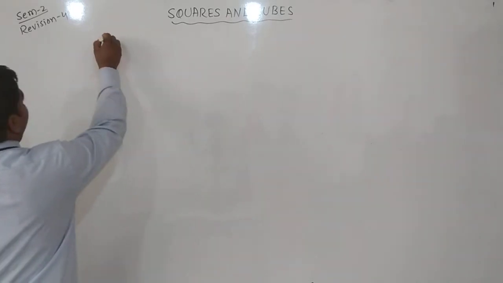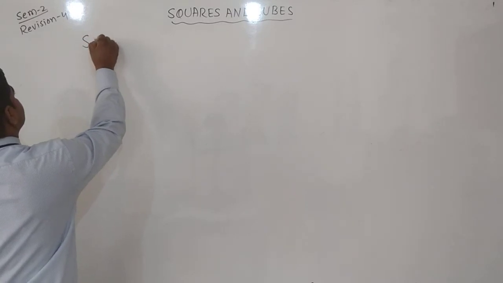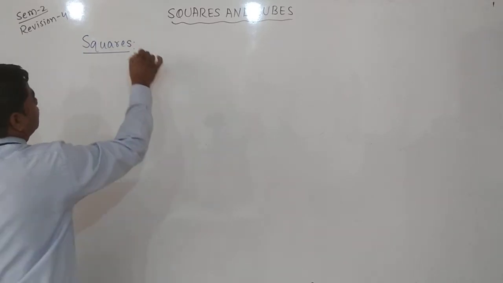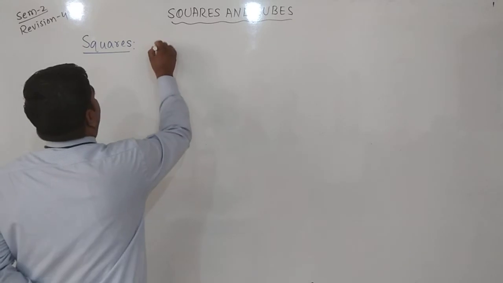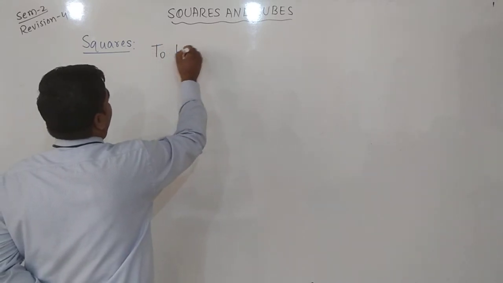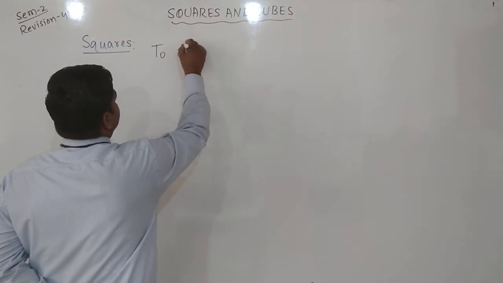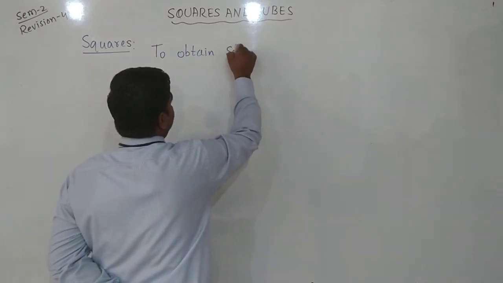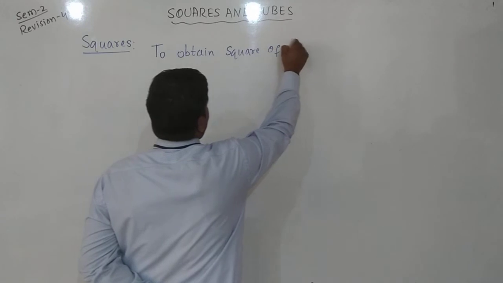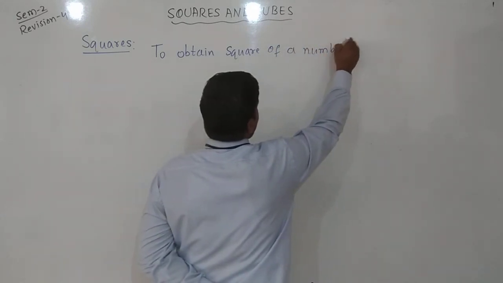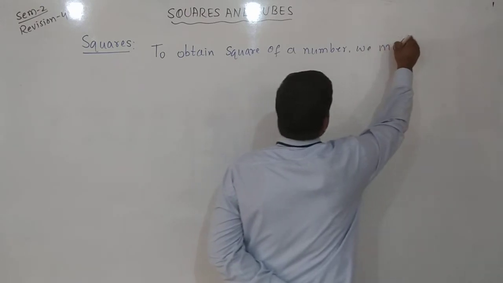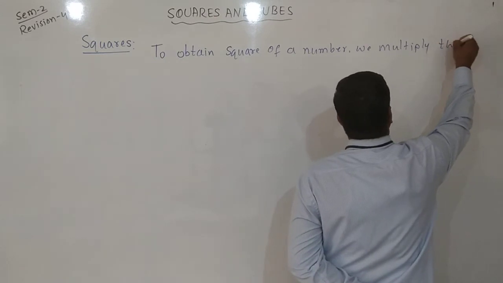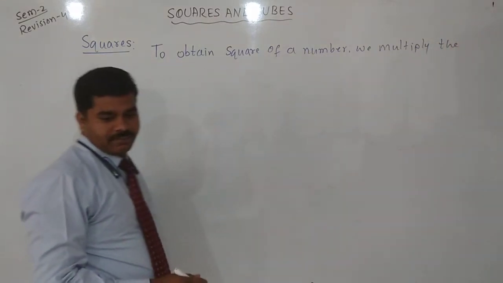Now, the square of a number. To obtain the square of a number, we multiply the number by itself.